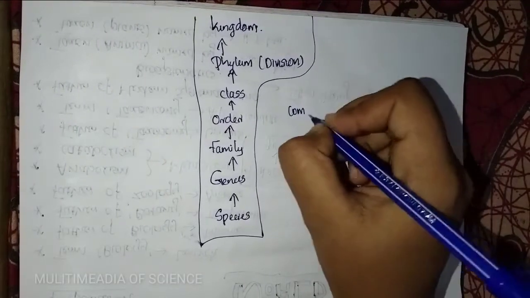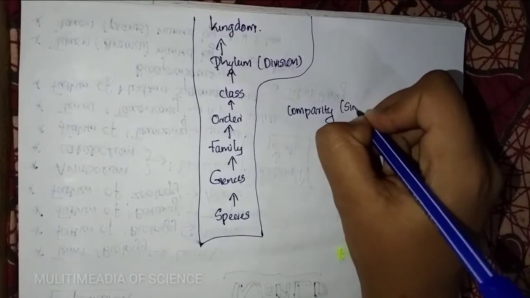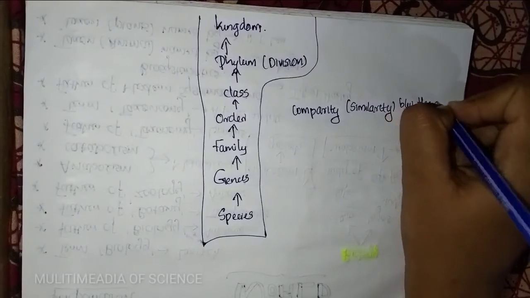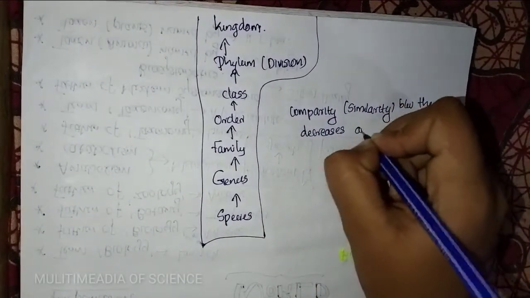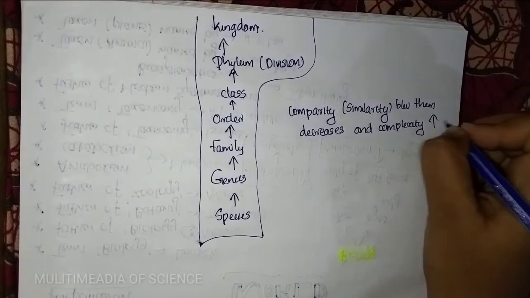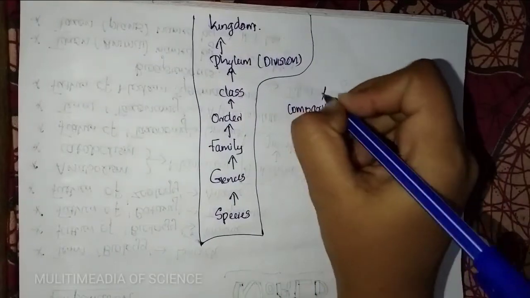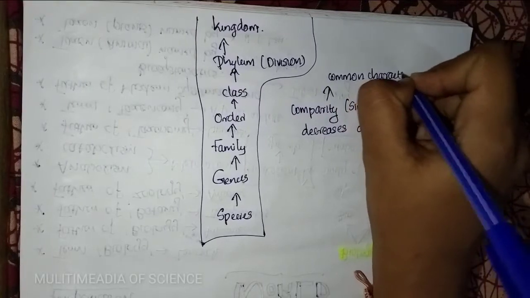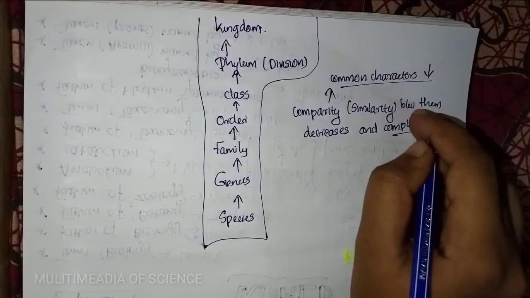The similarity between them decreases and complexity increases. The common characters decrease and then complexity increases. These two are important.